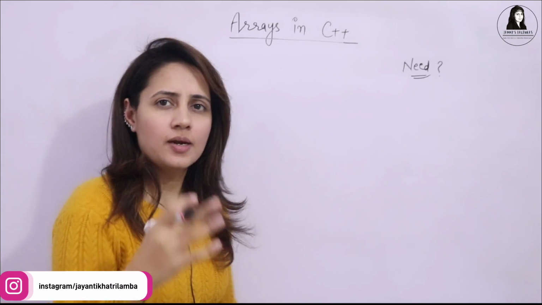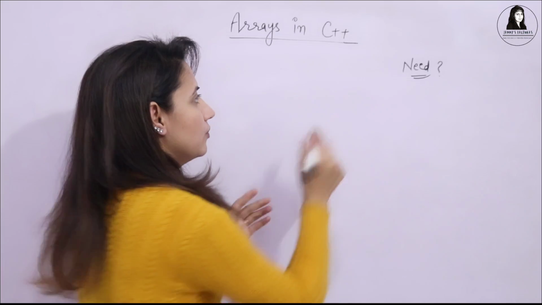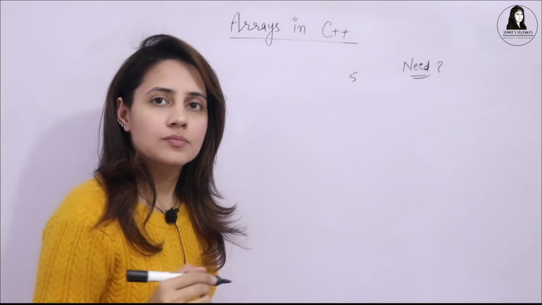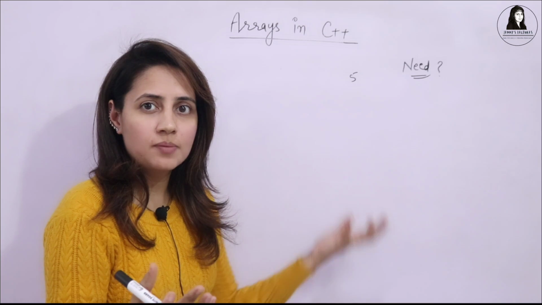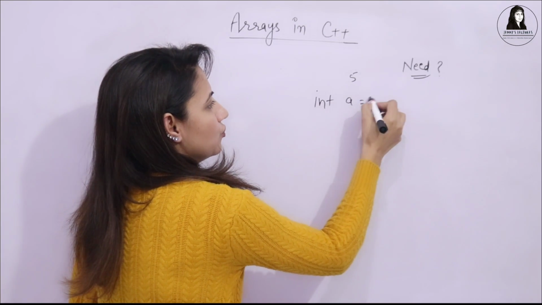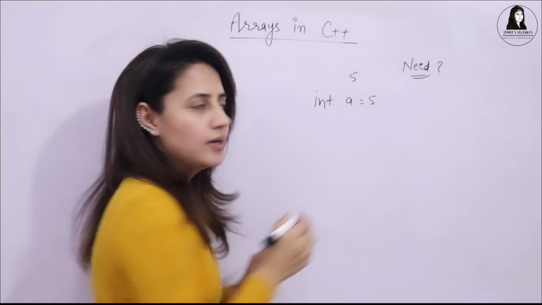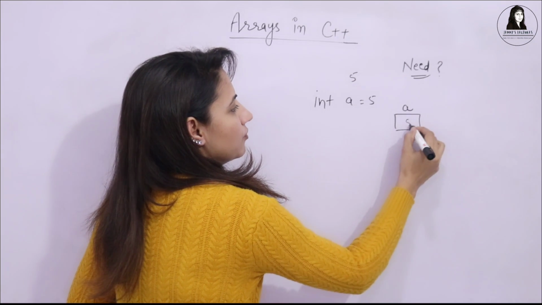Before that, let me ask you one thing. If I want to store 5 in a program, how are you going to store it in memory? You just take a variable of integer type, like int a = 5. Very simple, right? In memory, 4 bytes would be allocated to this a, and 5 would be stored.